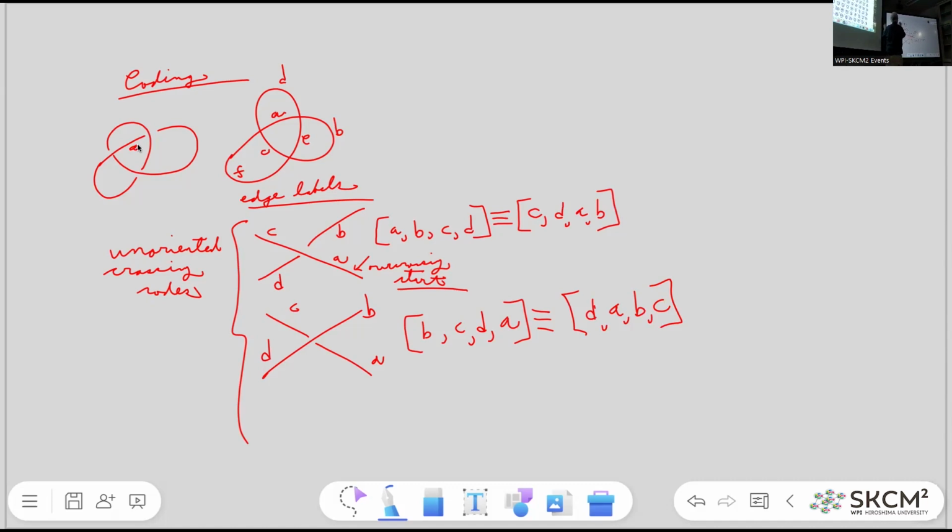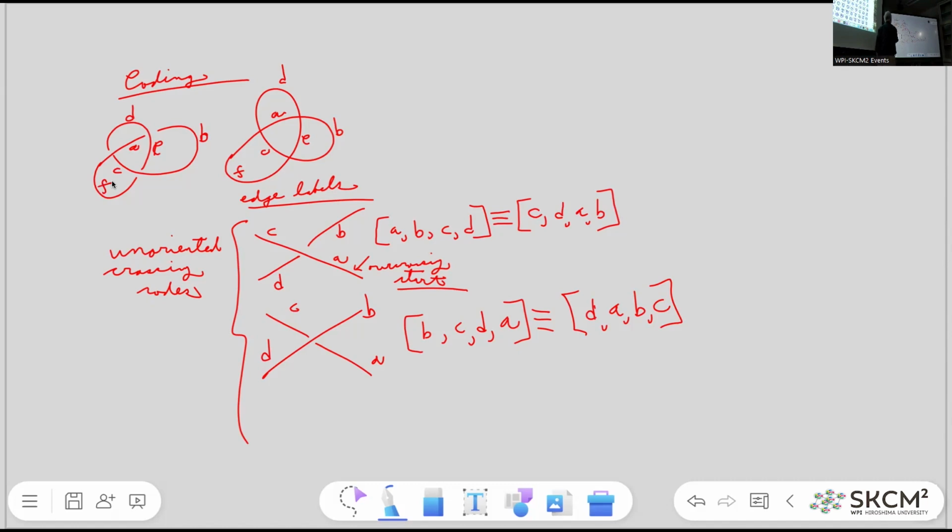I have A, B, C, D, and I'm going to write three codes. I'm sorry, E. Every edge is supposed to have a label, F. There. Now every edge has a label.